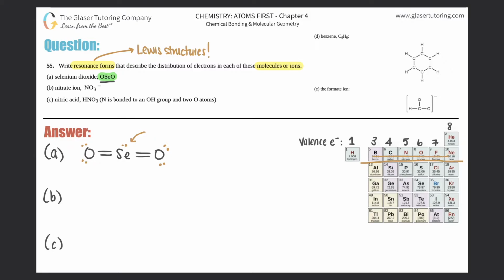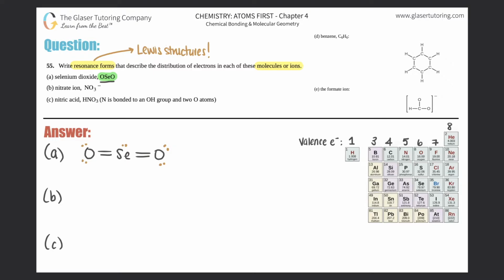Boron all the way to neon is in period 2, so aluminum to argon would be period 3, et cetera, and selenium's all the way over here. So selenium can have an expanded octet if it's the central atom.